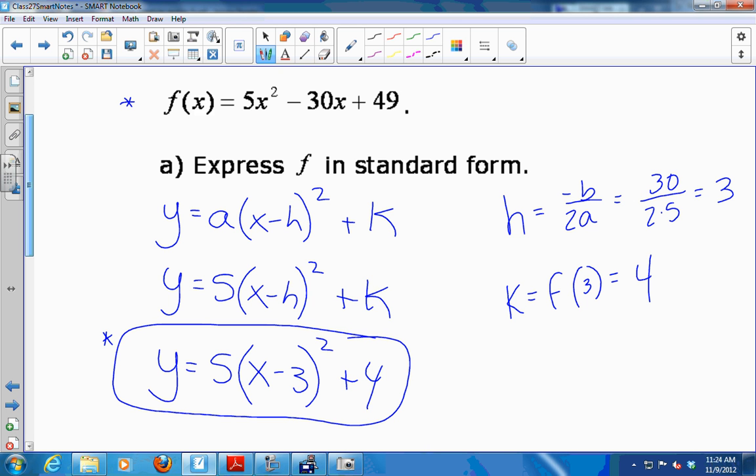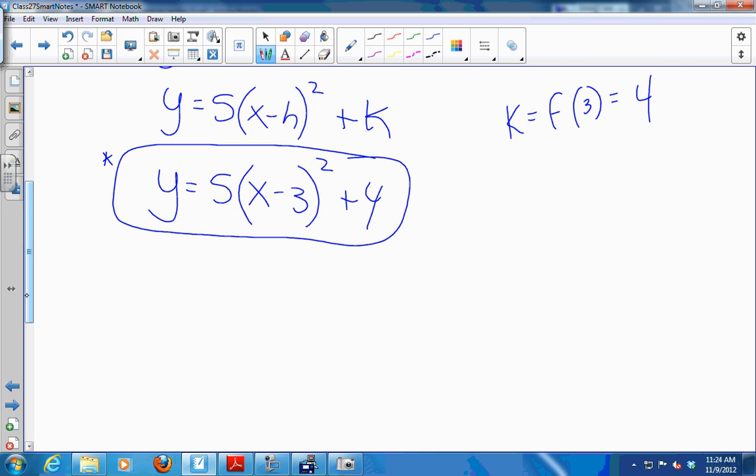What else could I do? I could simplify this guy. I could multiply out x minus 3 squared, distribute the 5, add the 4. y equals 5. When I square x minus 3, I get x squared minus 6x plus 9.